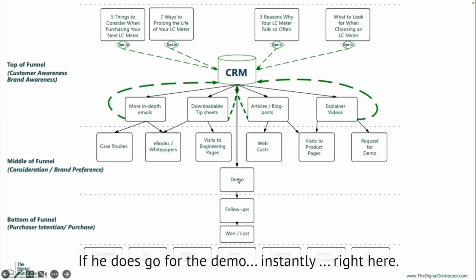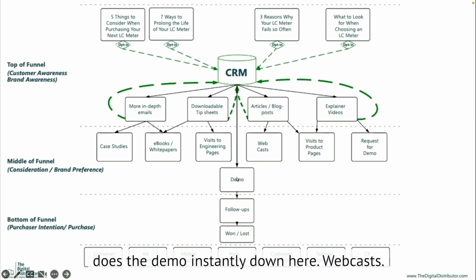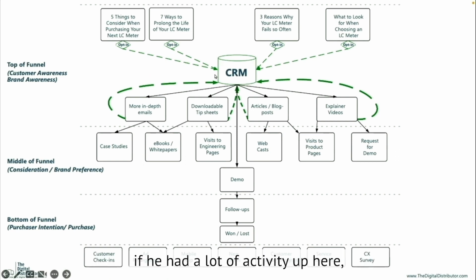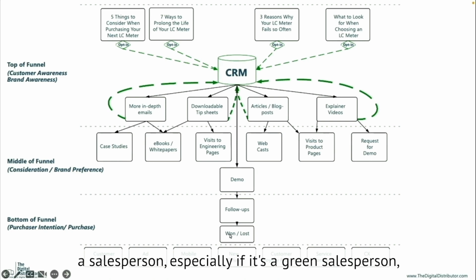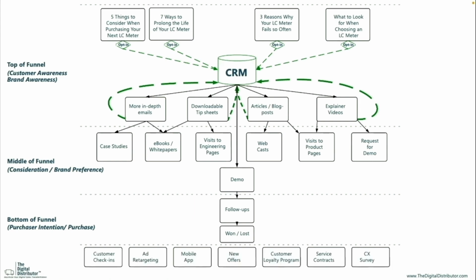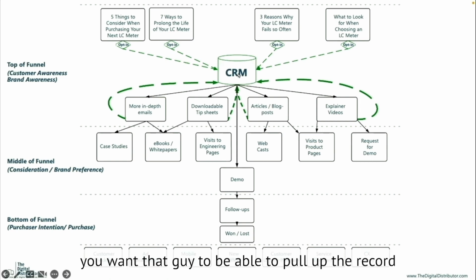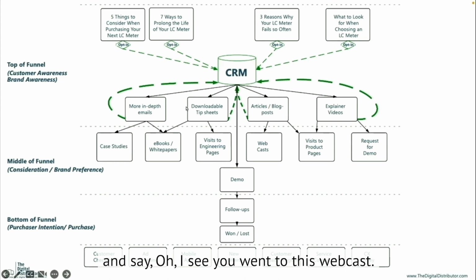If he does go for the demo, instantly right here, puts in a request for demo, does the demo, instantly down here. Webcast, if he had a lot of activity up here, the salespeople should be able to look in the CRM and look at this activity so that if anybody in this CRM all of a sudden calls a salesperson, especially if it's a green salesperson, you want that guy to be able to pull up the record and say, oh, I see you went to this webcast.